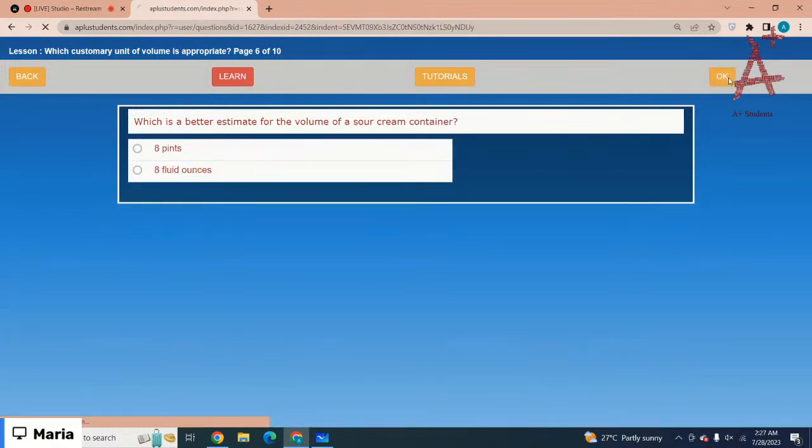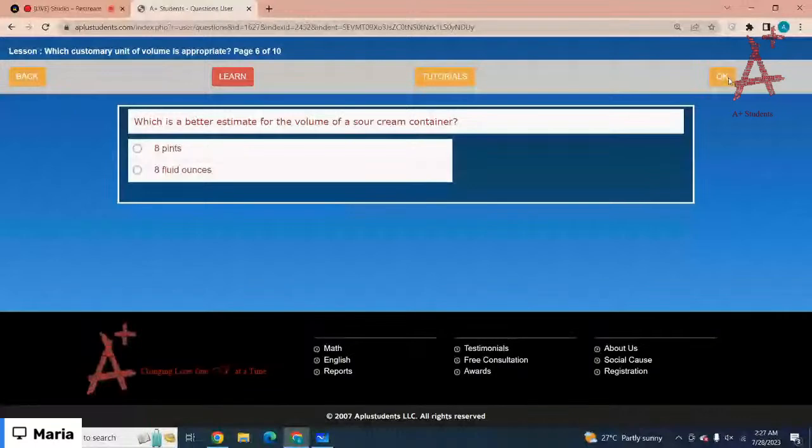Which is a better estimate for the volume of a sour cream container? 8 pints or 8 fluid ounces? Which is the correct option?